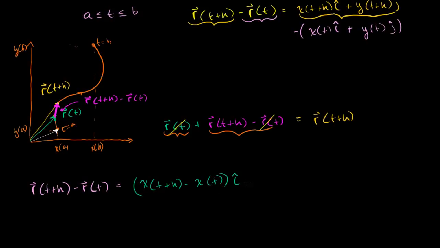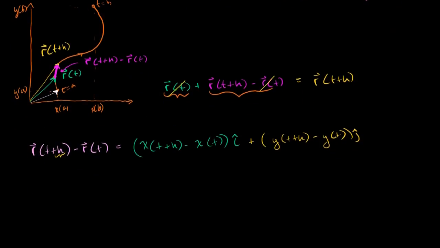And then we'll have plus y of t plus h minus y of t times the unit vector in the j direction. I'm just rearranging things right now. And this will tell us what is our change between any two r's for a given change in distance. And our change in distance here is h, between any two position vectors.